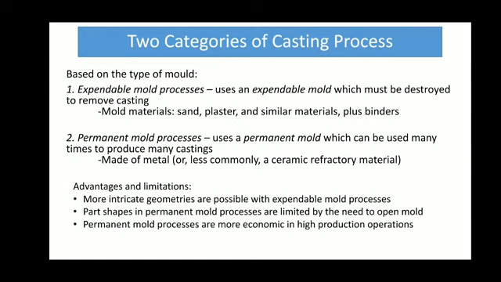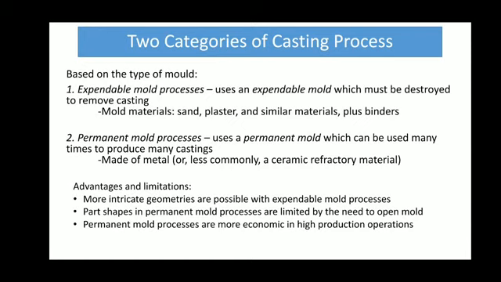So basically there are two broader categories of casting process. One is the expendable mold process, the next one is the permanent mold process. The expendable mold process uses an expendable mold which must be destroyed to remove the casting. That means they are not permanent. Once the mold is made and the casting process is over, to take out that product you have to break the mold.